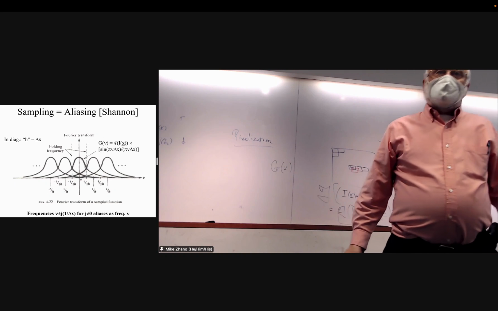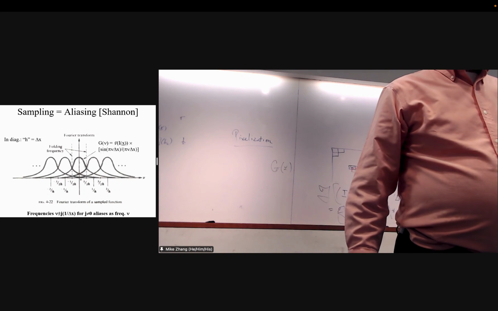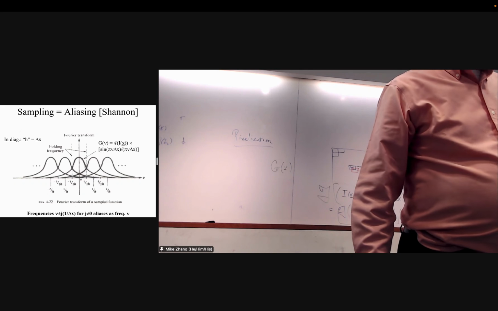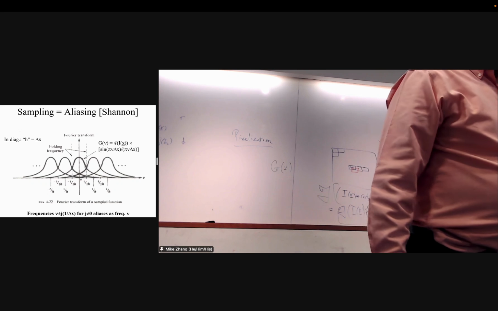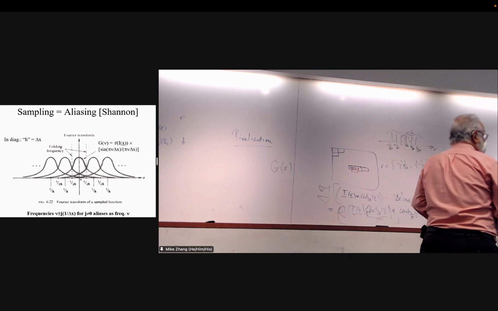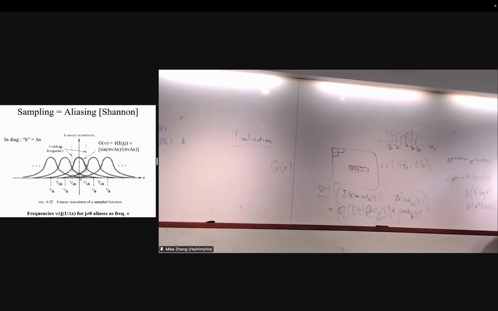What's the information that I have in that interval? Well, the answer is, here is our interval from minus 1/2 of 1 over delta x to plus 1/2 of 1 over delta x.